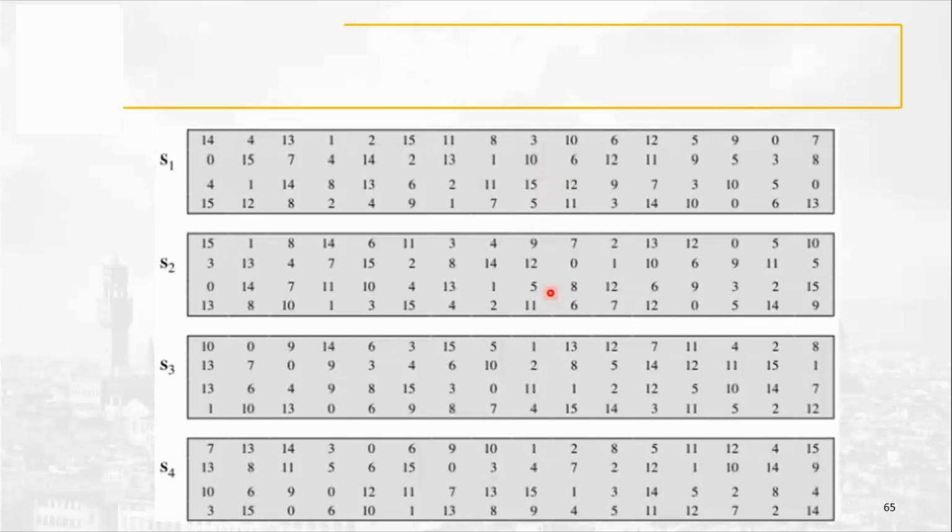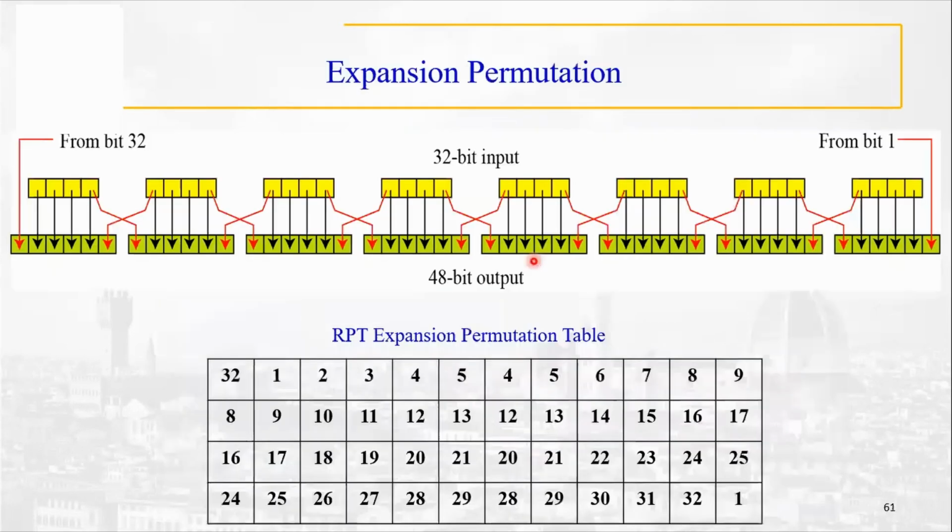This is the very difficult part of DES, the S boxes, and this is the strongest point of DES. The weakest point was these permutation combinations.